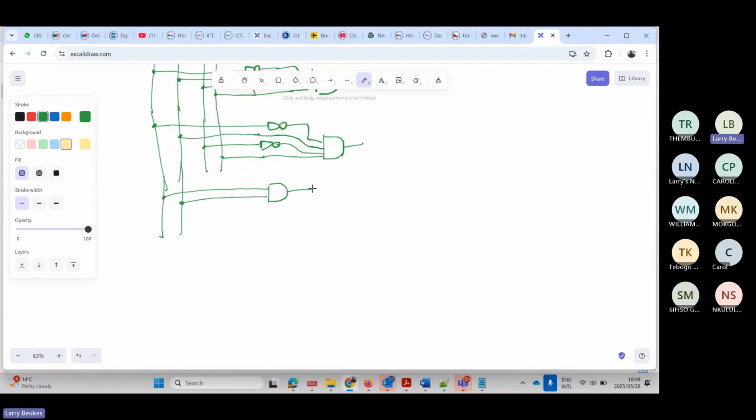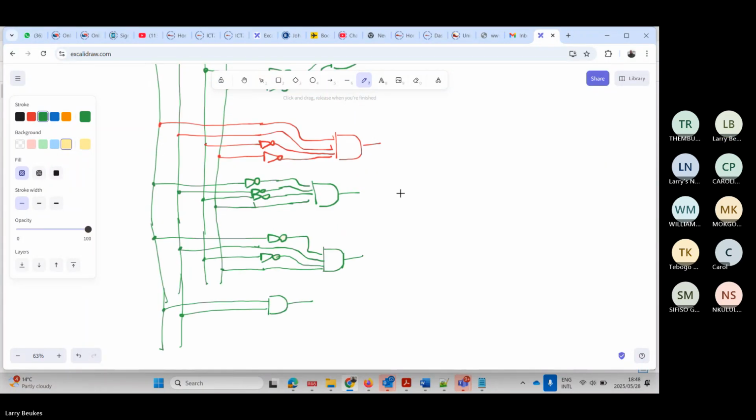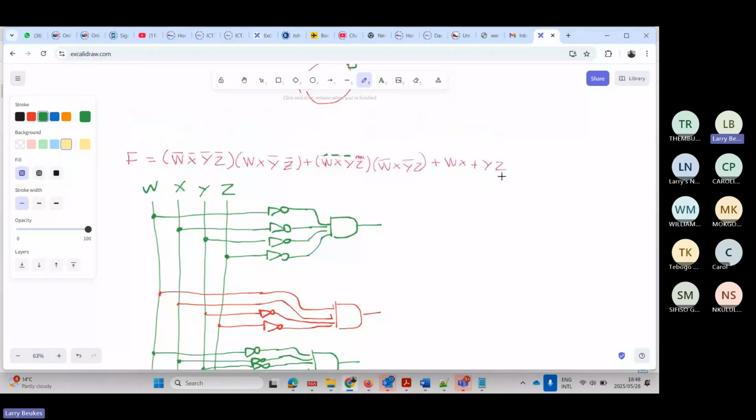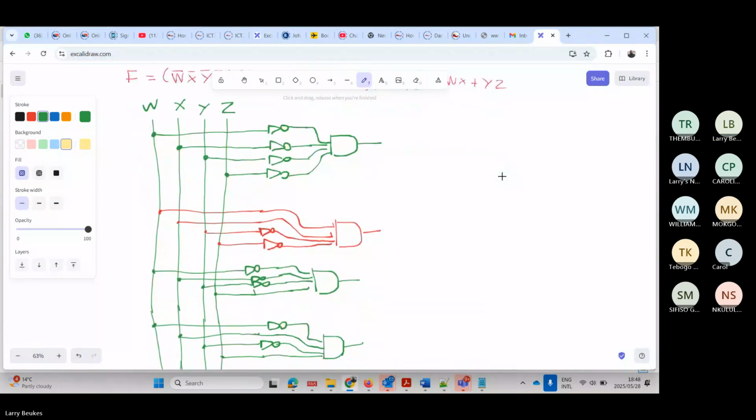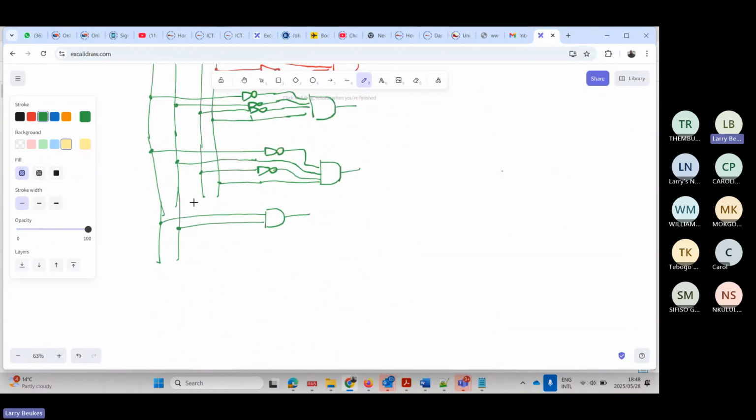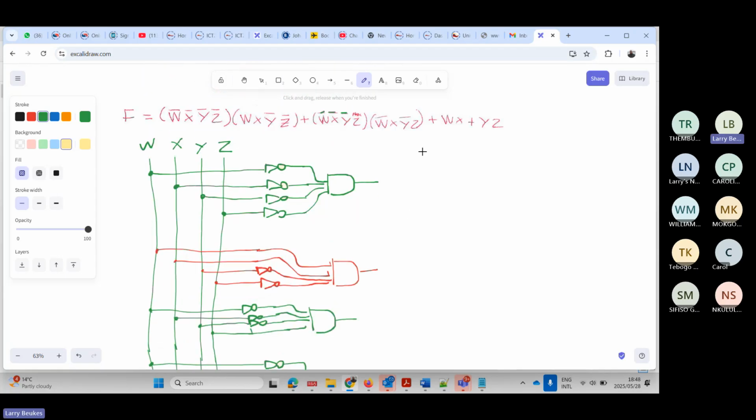So this is a 2 input AND gate. And then we have the YZ, right? YZ. 2 input AND gate. Great stuff. So we have everything here.